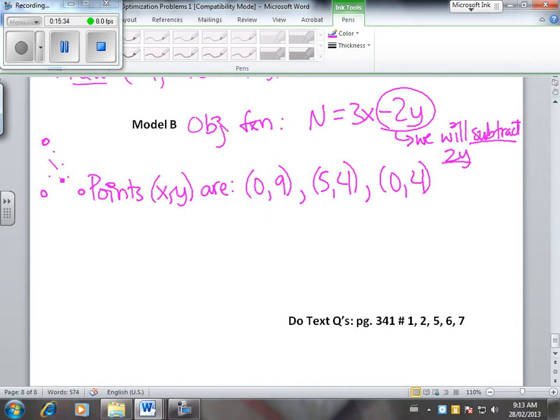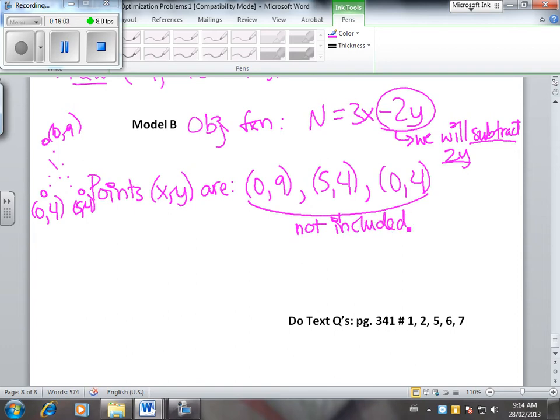So my stippling won't be perfect, but it'll be something like that. And so you'll notice that here's our points, 0, 9, 5, 4, and 0, 4. None of them are included, okay? So not included. None of the vertices are included.